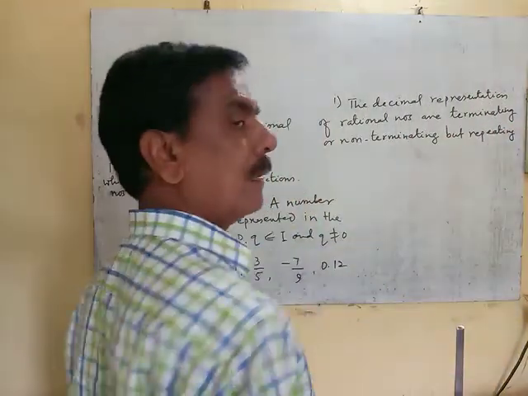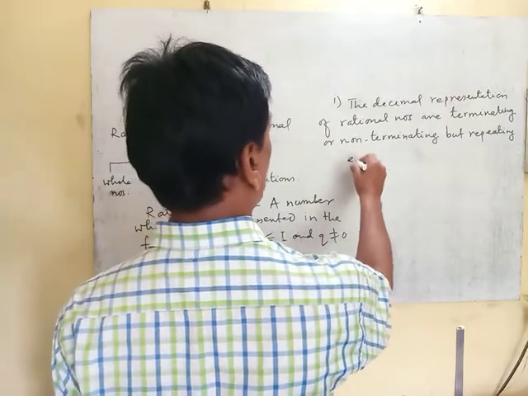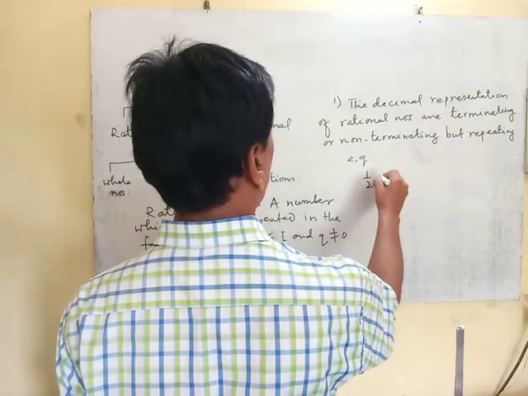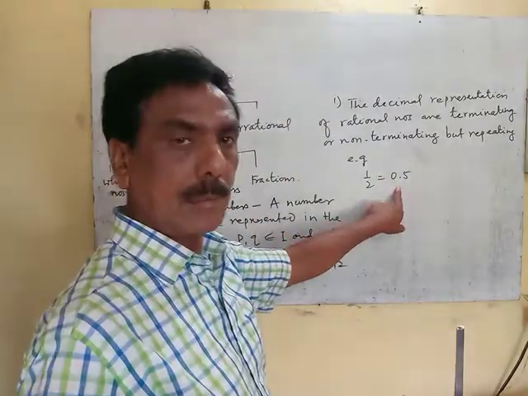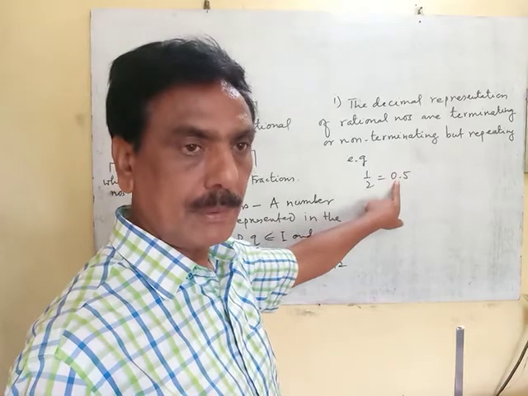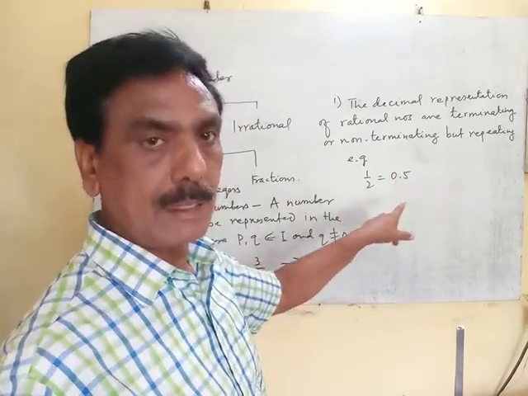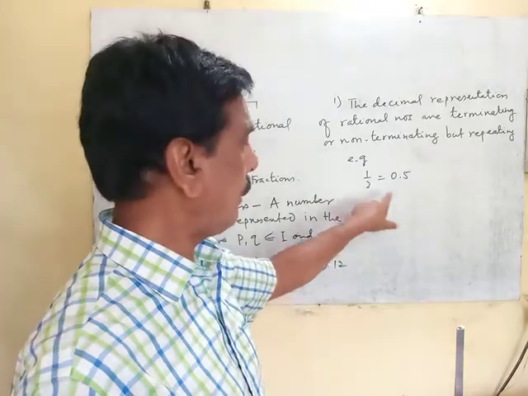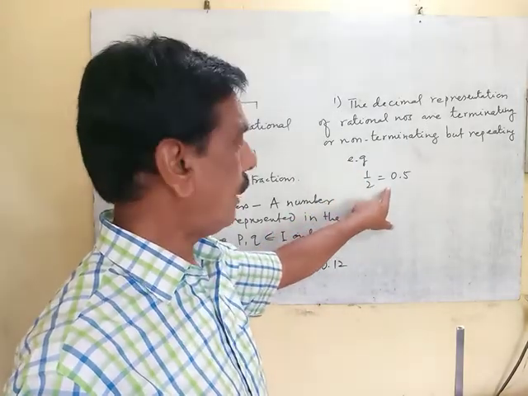For example, suppose 1 by 2. This terminates, because we get 0 in the end as a remainder. If we divide 1 by 2, we'll get the decimal 0.5.